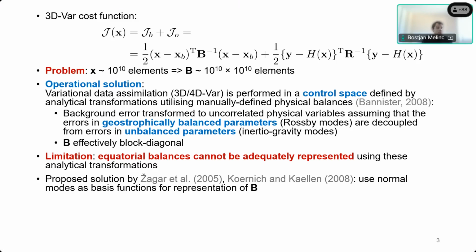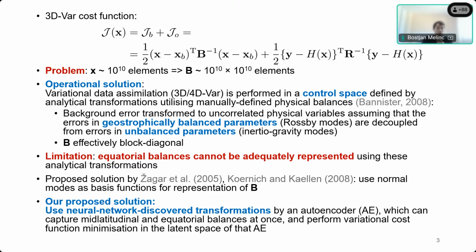And while it has been proposed in the past to tackle this limitation using normal modes as basis functions for the representation of B, this idea has never been tested operationally. But now we have a novel idea to tackle this limitation, which is to try to use universal neural network transformations by an autoencoder, which can capture both mid-latitudinal and equatorial balances at once and perform variational cost function minimization in the latent space of that autoencoder.